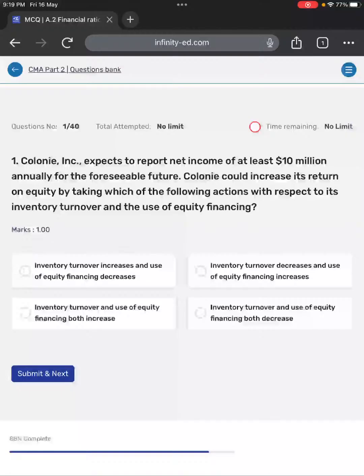That's why we always take the average total assets, which is opening assets plus closing assets divided by 2.